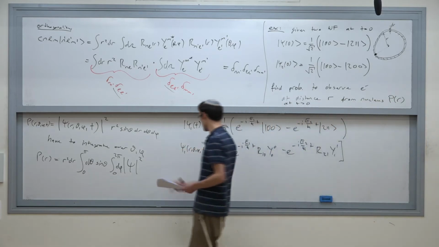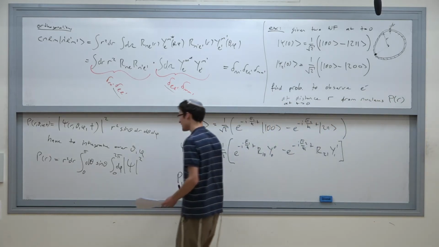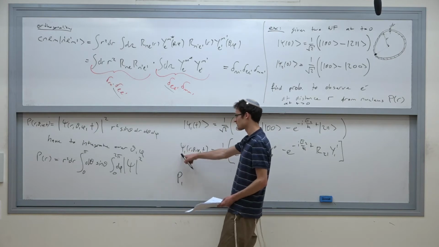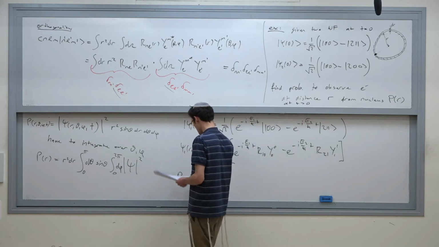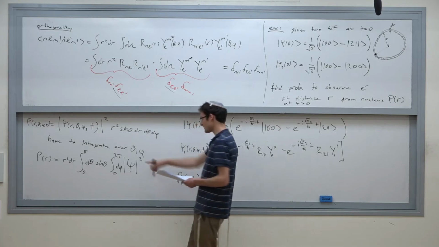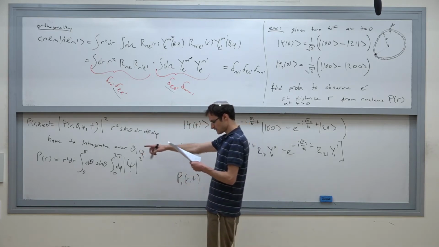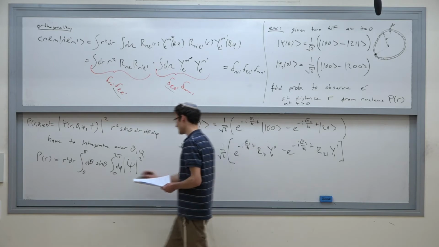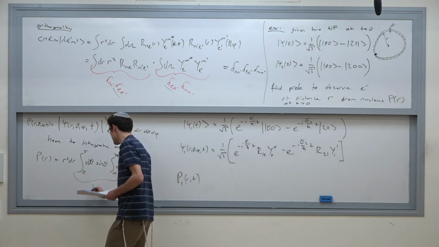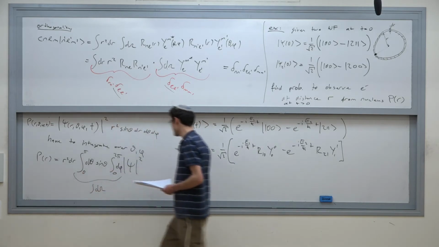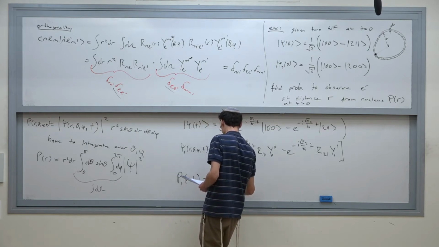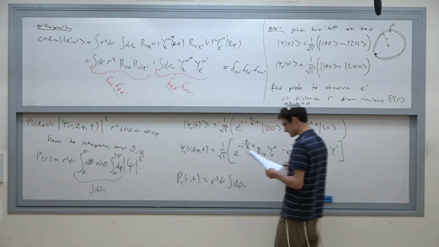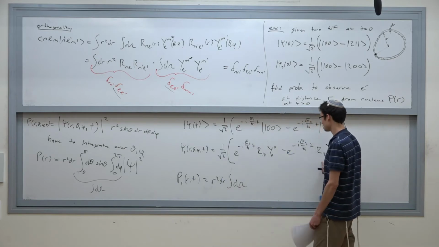Okay, now let's take the absolute value squared. So according to this formula, call this P1 because it's the probability of finding the wave function number 1 of R and T. So plugging into that formula, we have integral d omega, right? This is just d omega, this thing here. There's an r squared dr, integral d omega. And now this thing squared will give 4 terms.